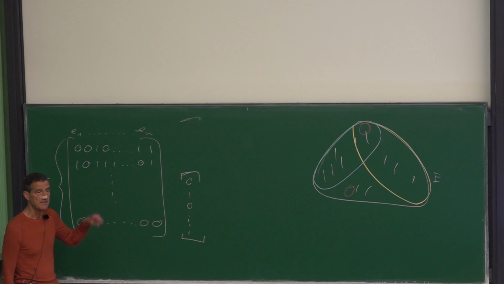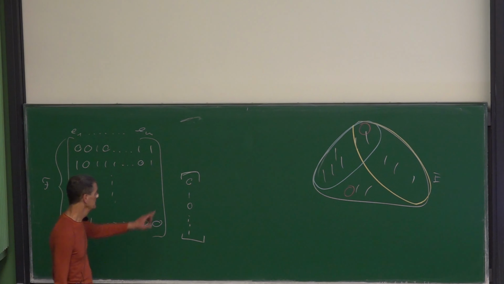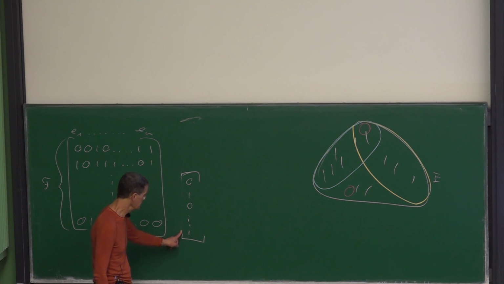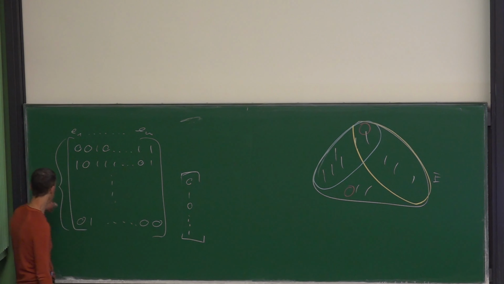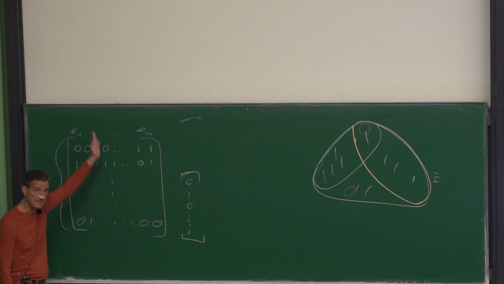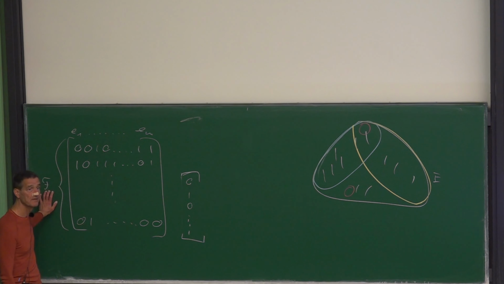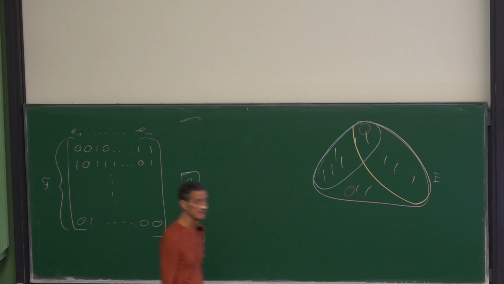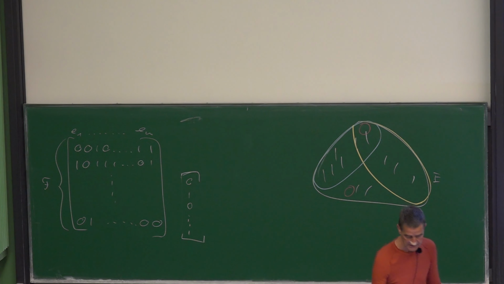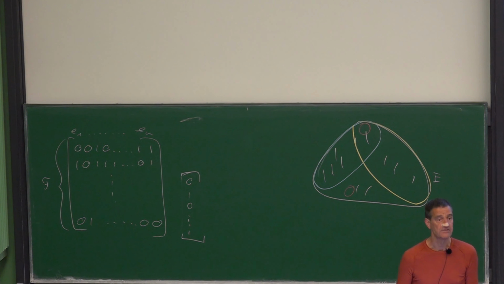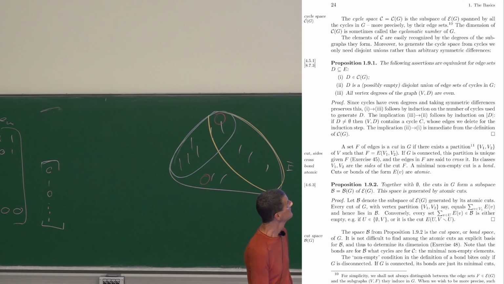Right, so the dimension of the kernel plus the dimension of the image, which is the column rank, equals the row rank, equals the dimension of F. And that's why we have the dimension formula as you know it, despite the fact that we're over a finite field. Okay, so next comes the cycle space.